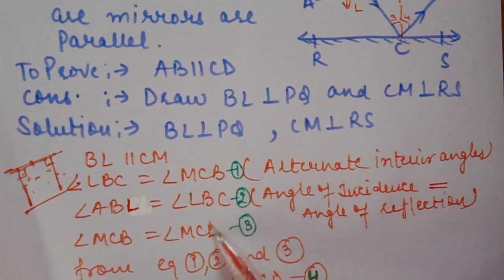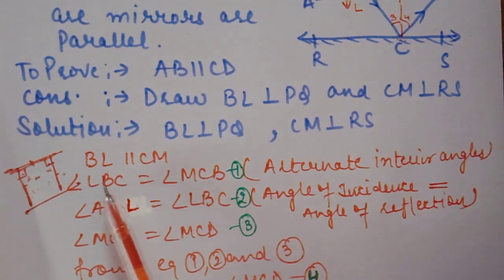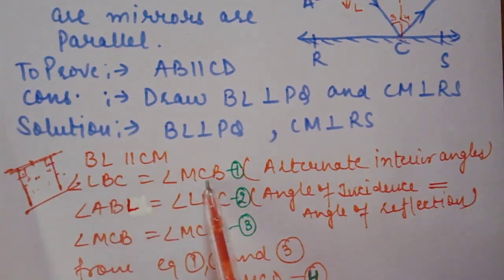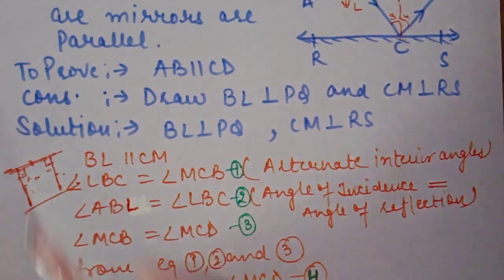So from these three equations, if we change into numbers, then 1 is equal to 3, 1 is equal to 2 and 3 is equal to 4. Then definitely what will happen?